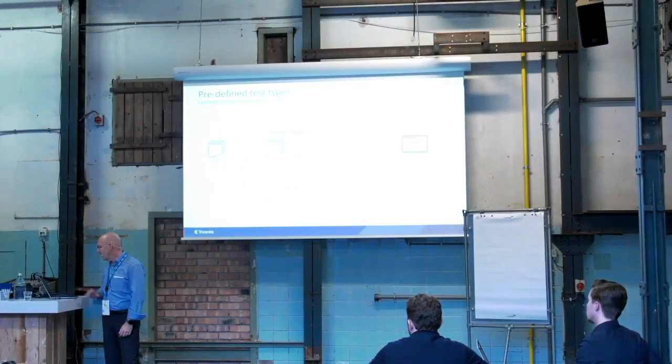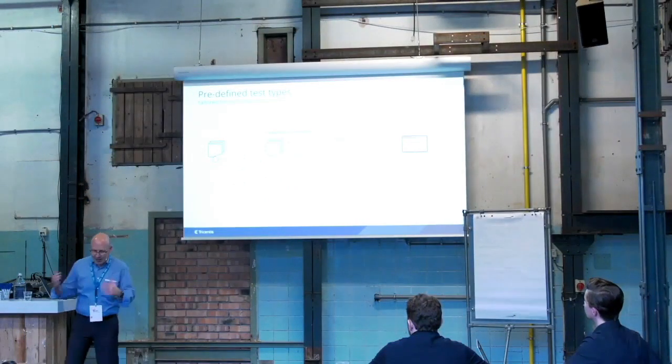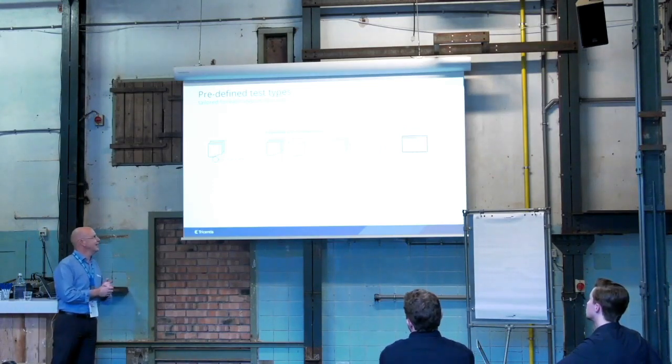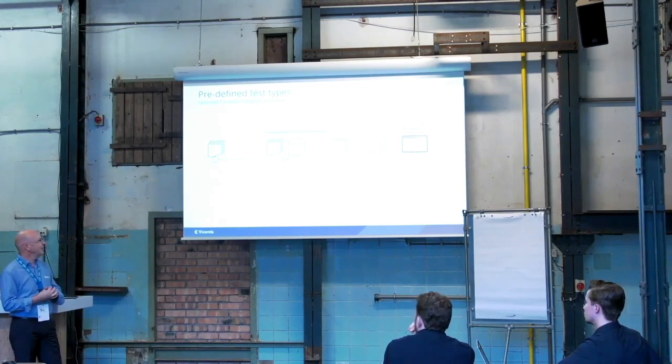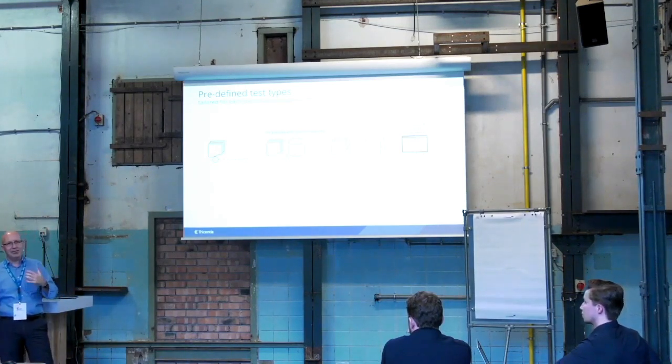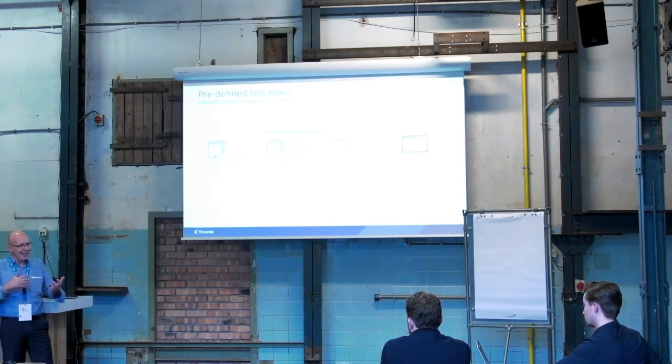And we do this, and now is really the link to Tosca and the actual implementation in Tricentis Data Integrity, by providing predefined test types. If you are familiar with Tosca, you can easily translate it into test case templates. And that's what it is technically.